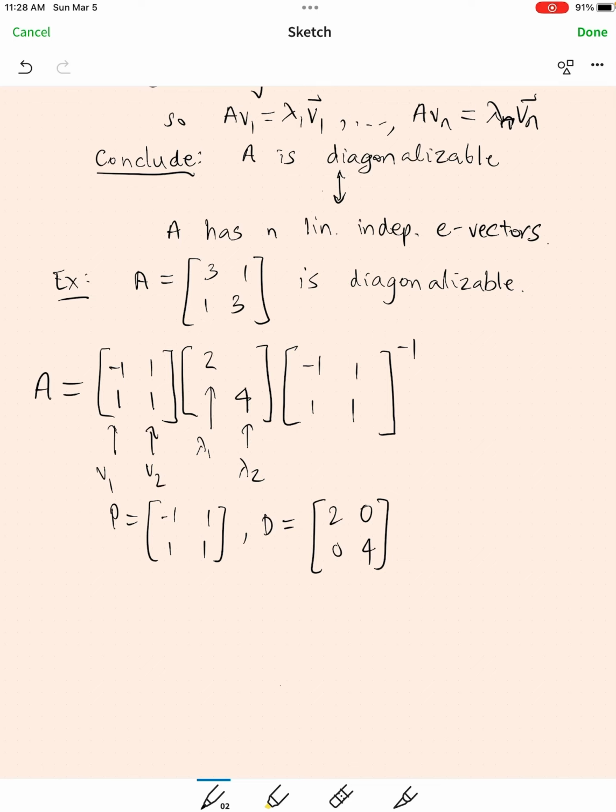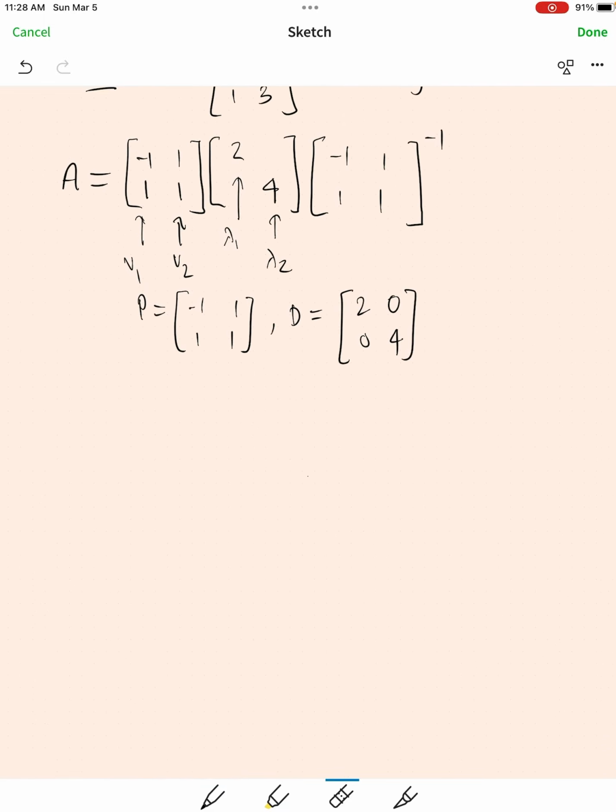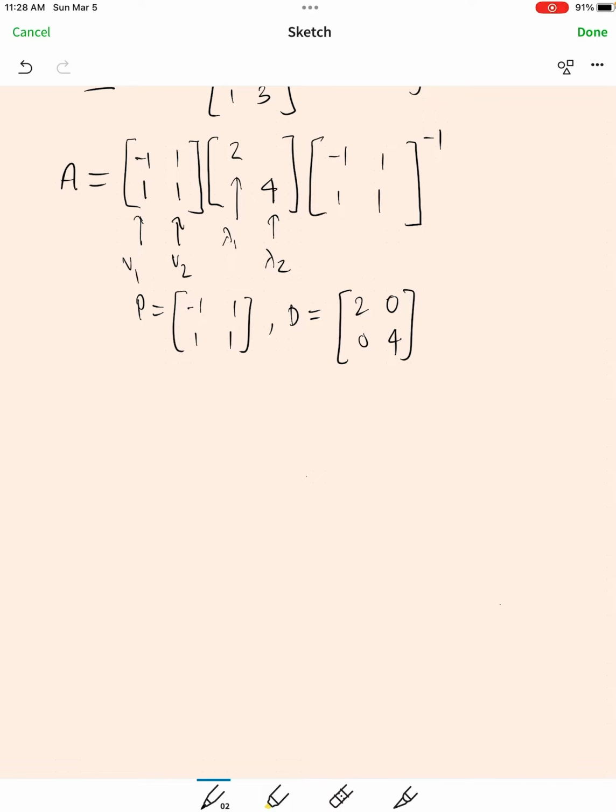And one thing you notice is that there are many different possibilities for P and D. So this isn't the only P and D that works. Other possibilities: well, for instance, D could have a 4 and a 2, right?